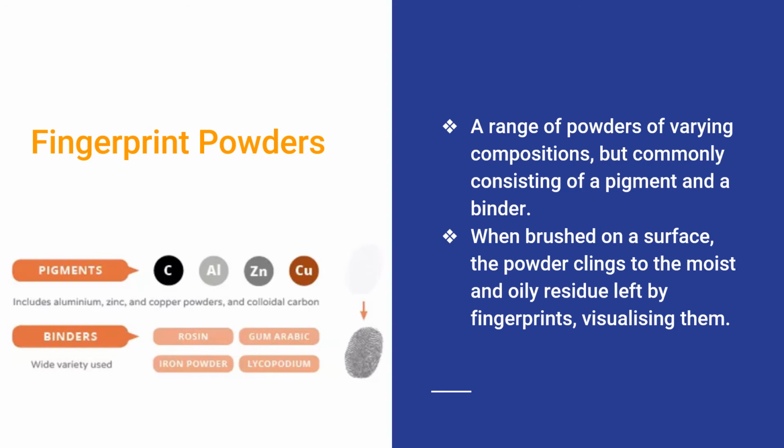These include aluminium, zinc, copper powders, and colloidal carbon. The widely used variety of binders are also shown in the slide, which includes rosin, gum arabic, iron powder, and lycopodium.